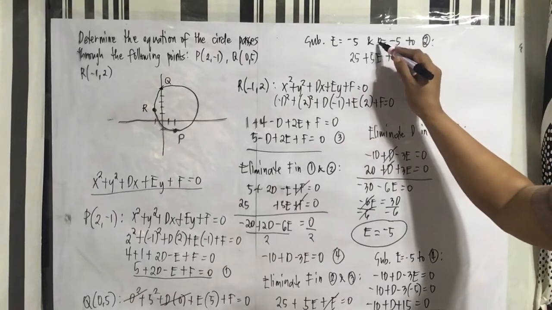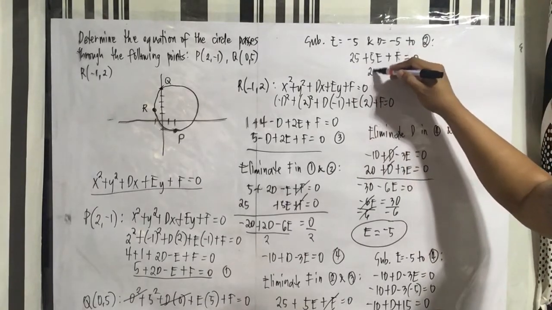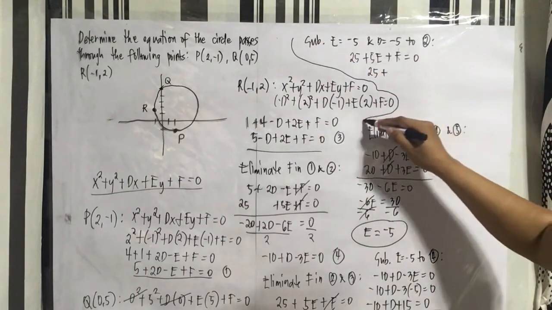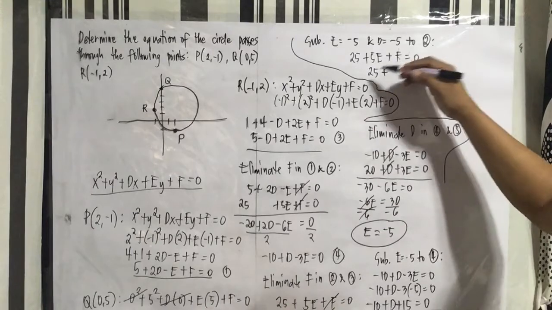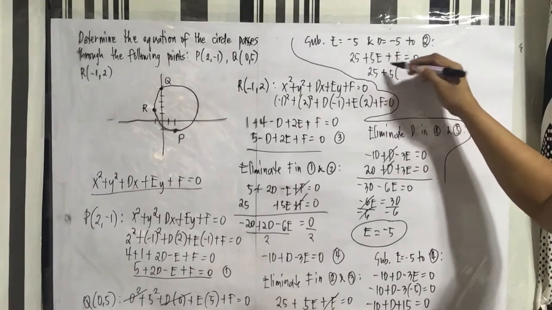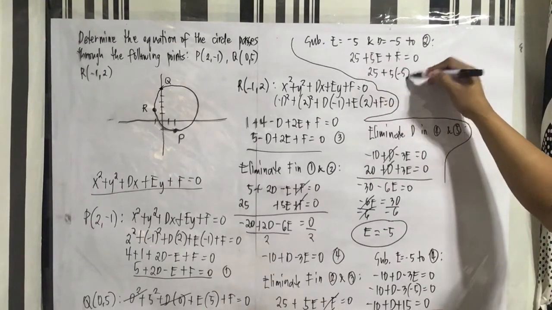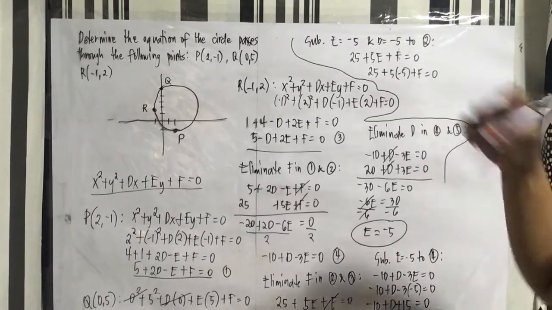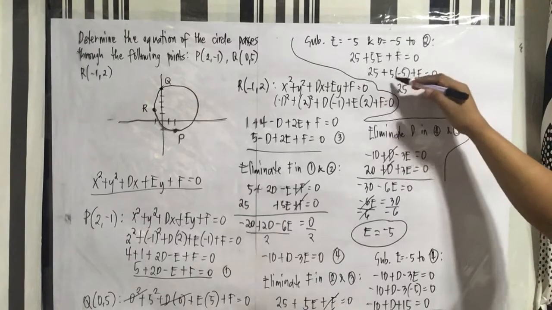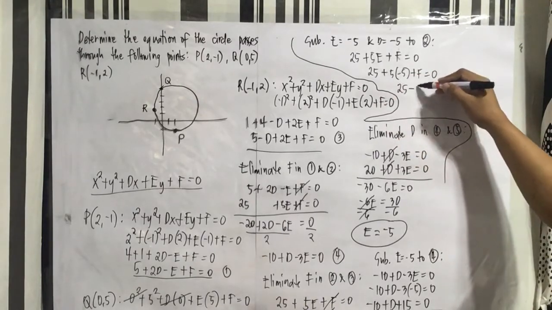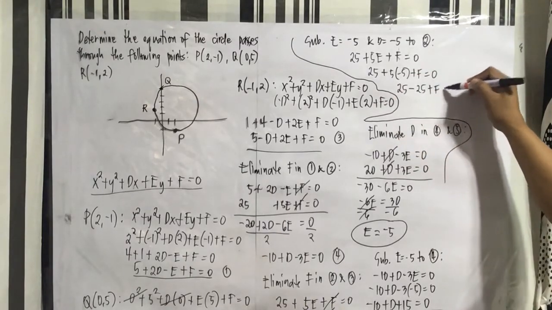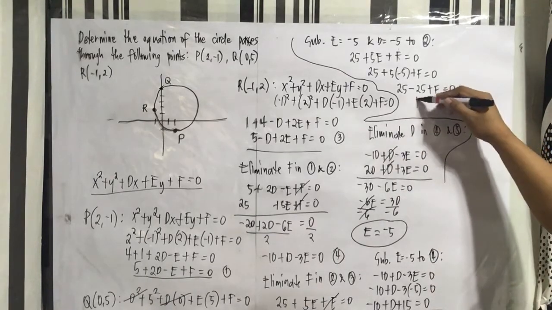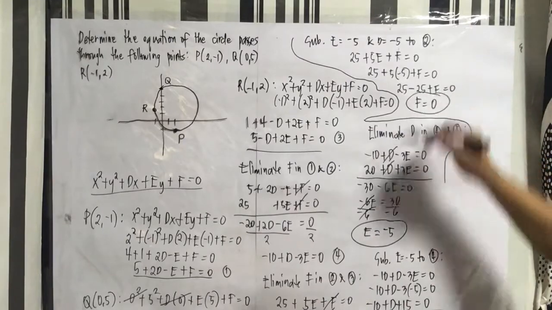Hindi na natin gagamitin ang d. So we have 25 plus 5 times e, which is negative 5, plus f equals 0. So 25 positive times negative is negative 25 plus f equals 0. 25 minus 25 is 0. So we can say that f equals 0.